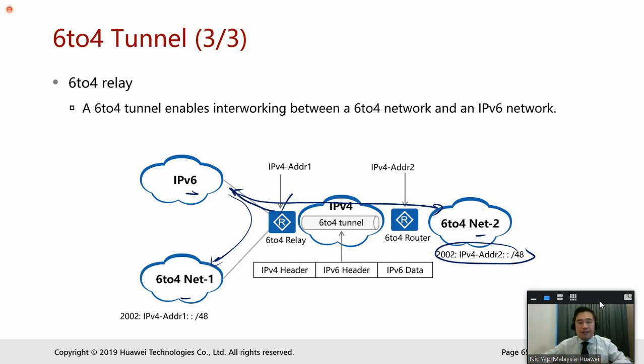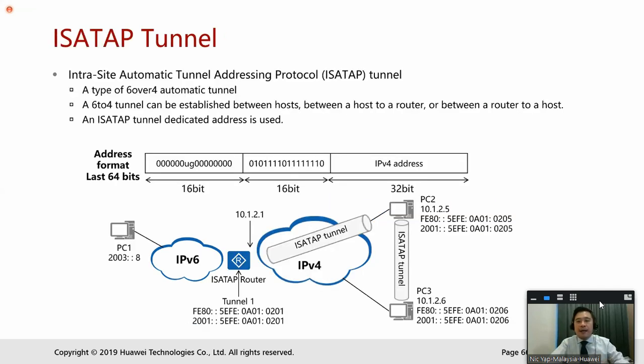Other than 6to4 tunnels, we also have another one called ISATAP. The full name is the Intra-Site Automatic Tunnel Addressing Protocol. It also has a special address format.